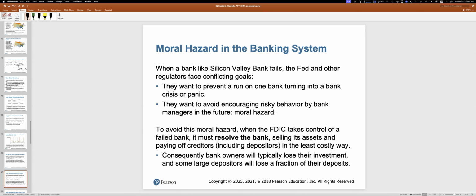And so it creates a problem: now future people think that customers will be bailed out if a bank fails, to avoid this crisis from occurring. And so that's what we see here, that moral hazard is allowed to continue to exist.